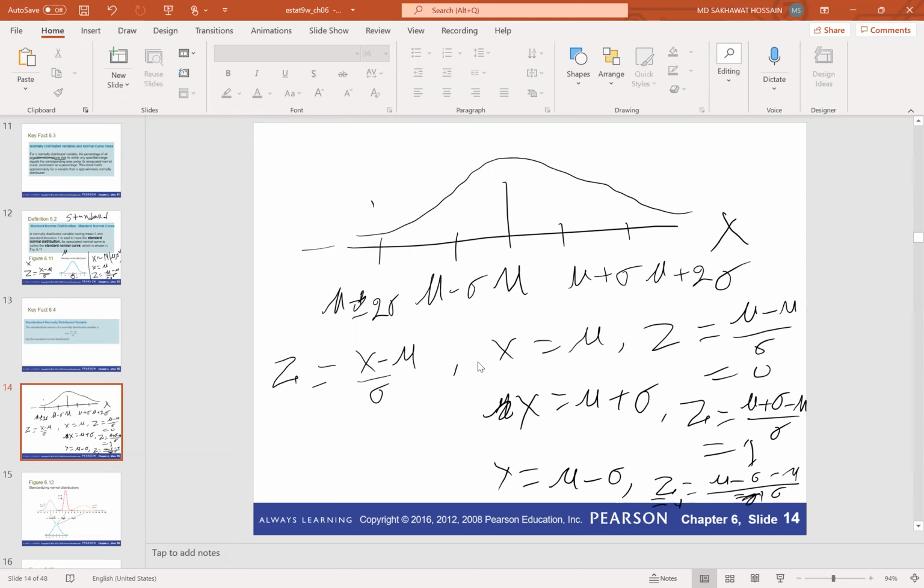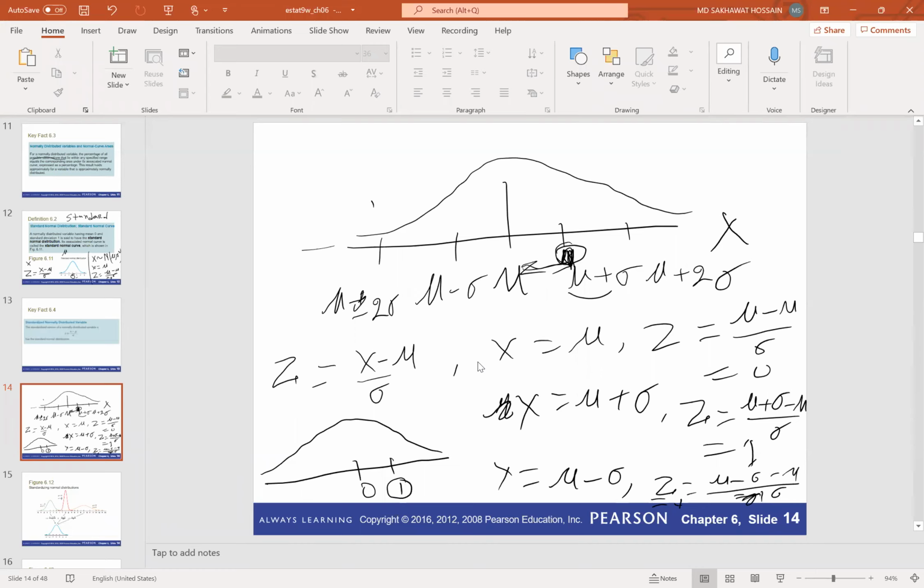Okay. So now you can see that for a standard normal distribution, when x is mu it becomes 0. When x is mu plus sigma it becomes 1. What is mu plus sigma? This x value is one standard deviation away from the mean, and now you can see the z score is 1.